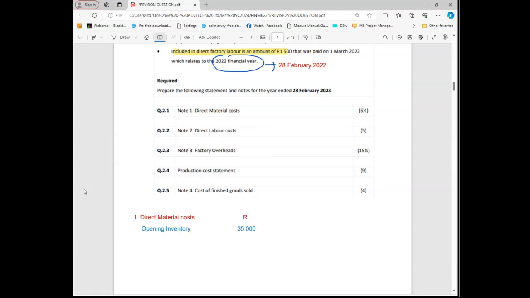Direct material is an inventory. Inventory obviously increases on the debit side. So you need to understand that you start with this inventory, and then if you buy or when you sell, it's going to affect inventory. But it's okay for now.